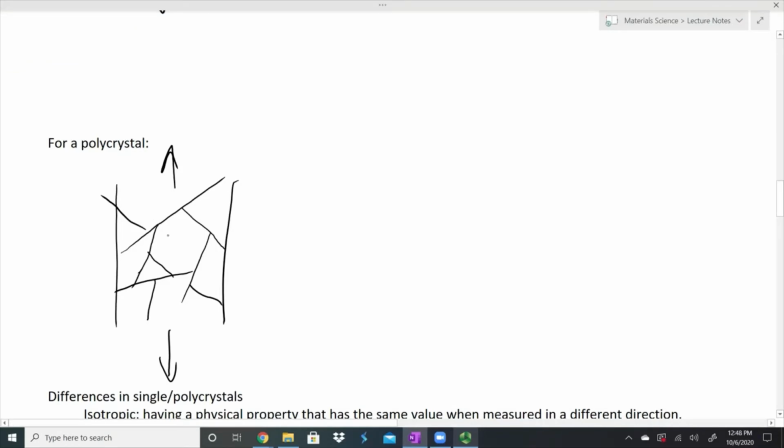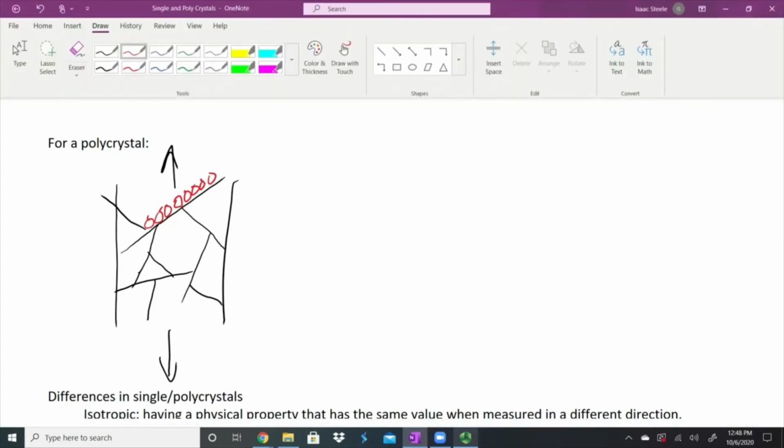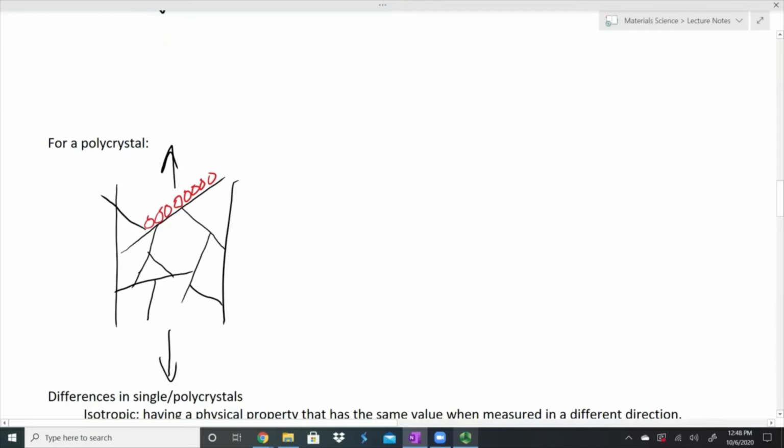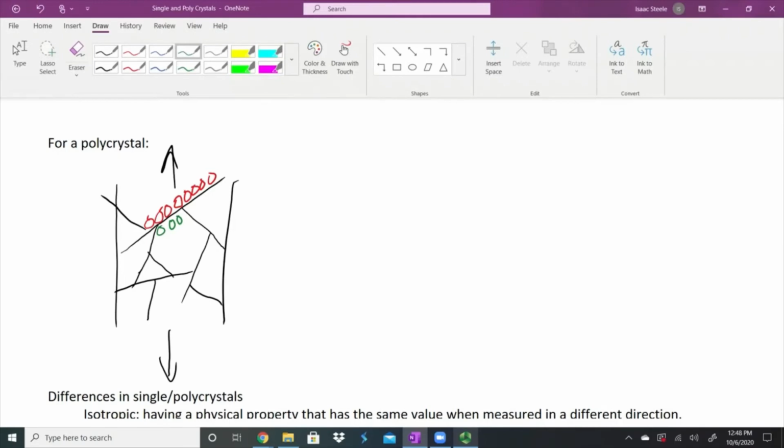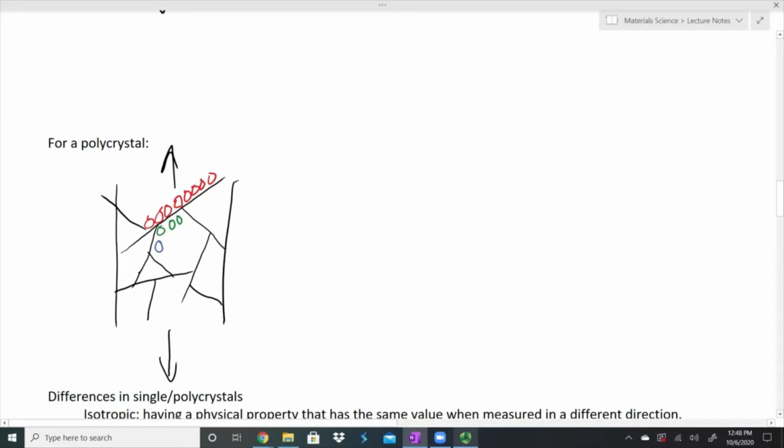I am going to have some circles that line up in that grain. I'm going to have circles that line up in that grain. I'm going to have maybe some circles here. So all these planes are lining up.